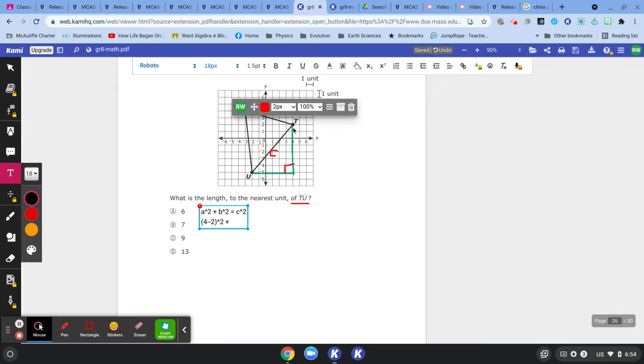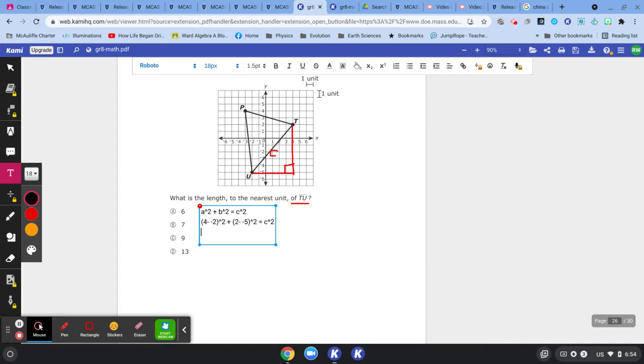So we are at 2 here, and down here at -5. So that's going to be 2 minus -5, squared. And all of that's going to equal c squared. Let me make it clear that's minus a negative. That 4 minus -2 is just 6, because if you subtract a negative, it's like adding a positive.